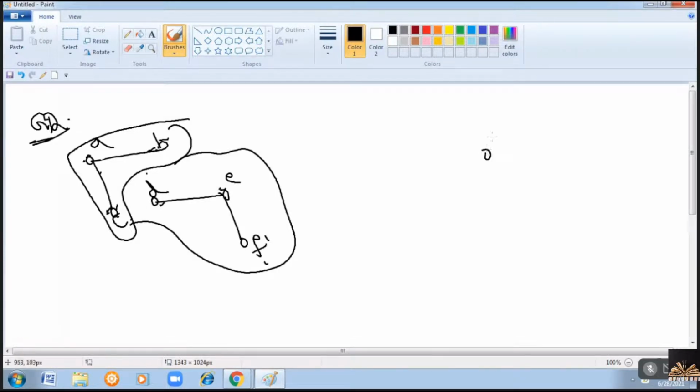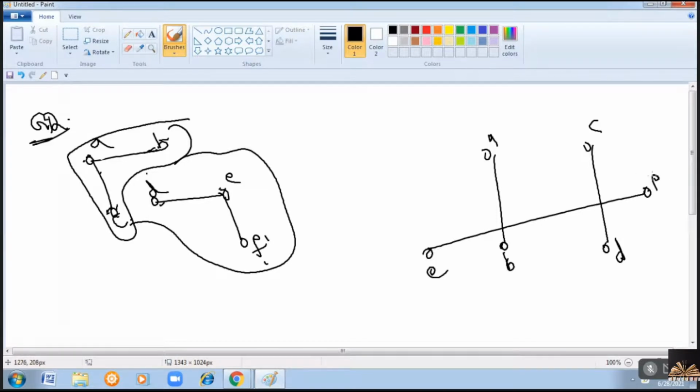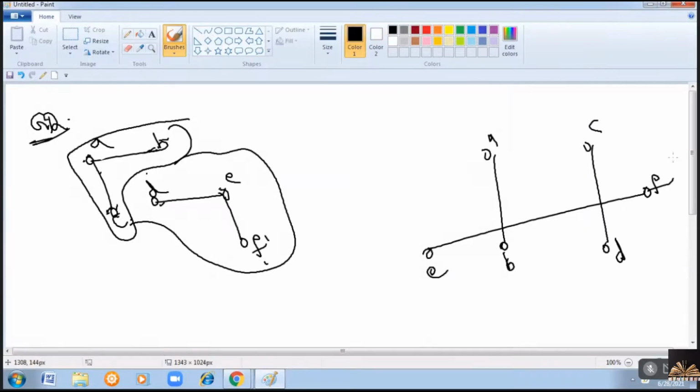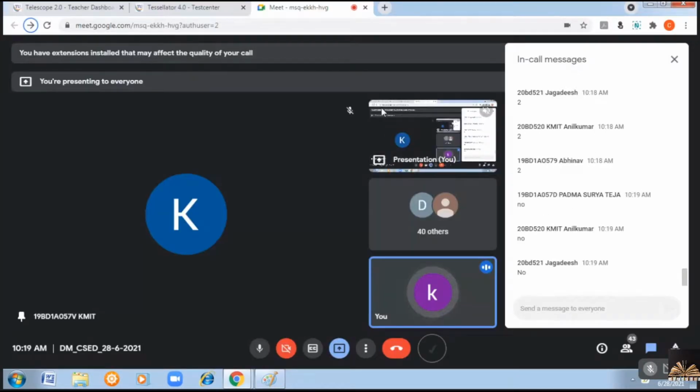Now consider a graph like this, A, B, C, D, E, F. Is G3 a connected graph? No, it is also not. How many connected components are there in G3?